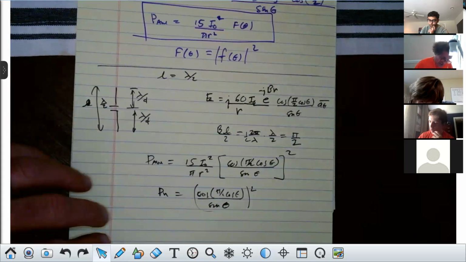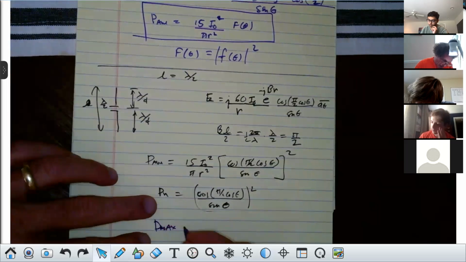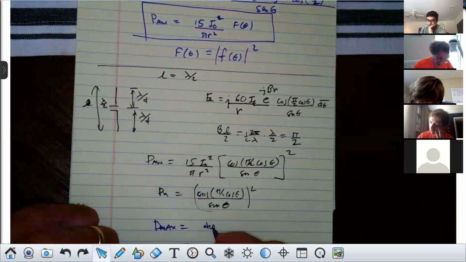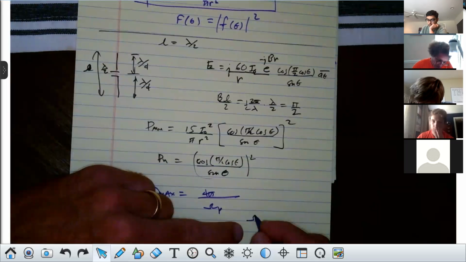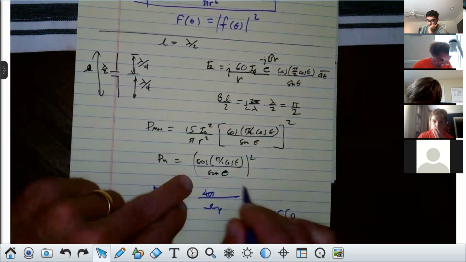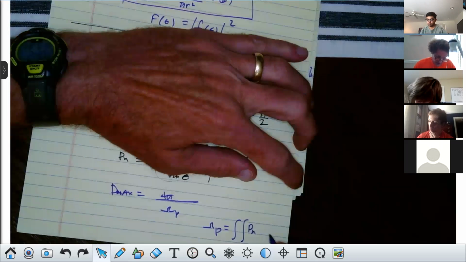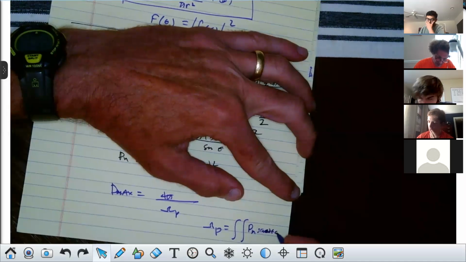Now, when I go ahead and get the actual directivity max, that would be equal to 4 pi over the solid angle. And I'm not trying to move too fast. And the solid angle would be equal to what? The integral of the P normalized right there times the sine of theta, times d theta d phi.